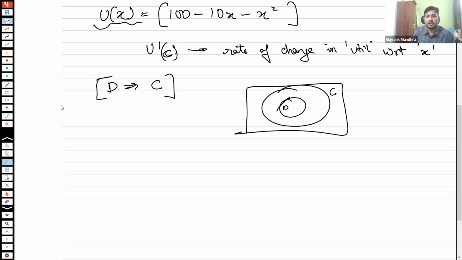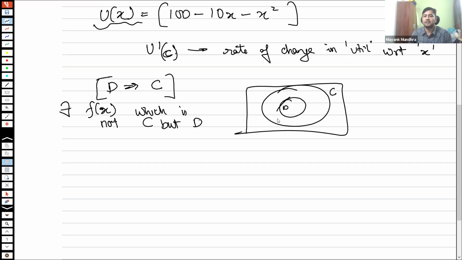To disprove that, I will take a function f of x which is not continuous but differentiable.